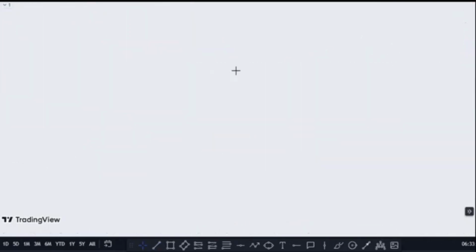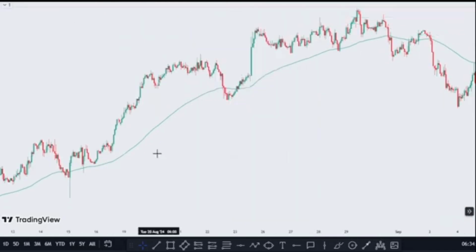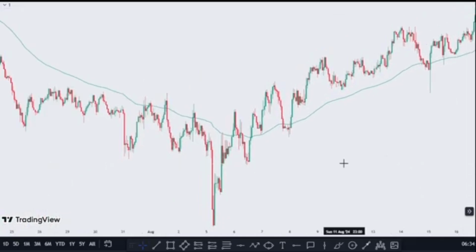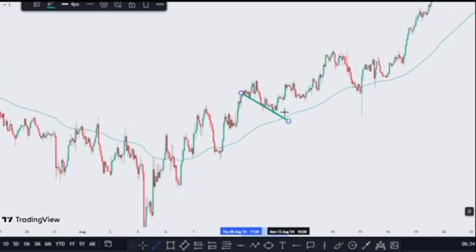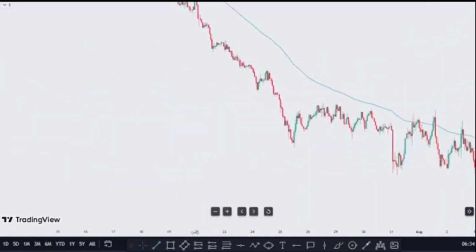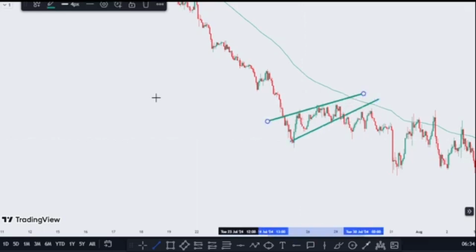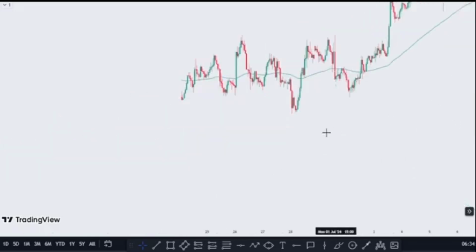So let's try to see AUD/USD as well. On AUD/USD, you can see all the flags or all the continuation patterns above the 100 EMA, execute without hesitation. Boom. Execute. The one below, execute without hesitation.